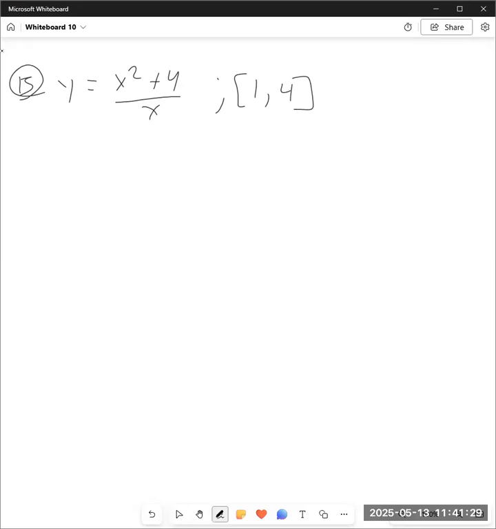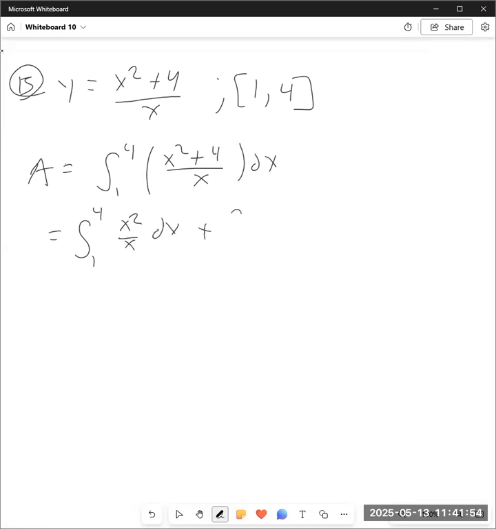So let's go ahead and set that up. My area is going to be the integral from 1 to 4 of x squared plus 4 over x dx. We'll split that into the integral from 1 to 4 of x squared over x dx plus the integral from 1 to 4 of 4 over x dx.